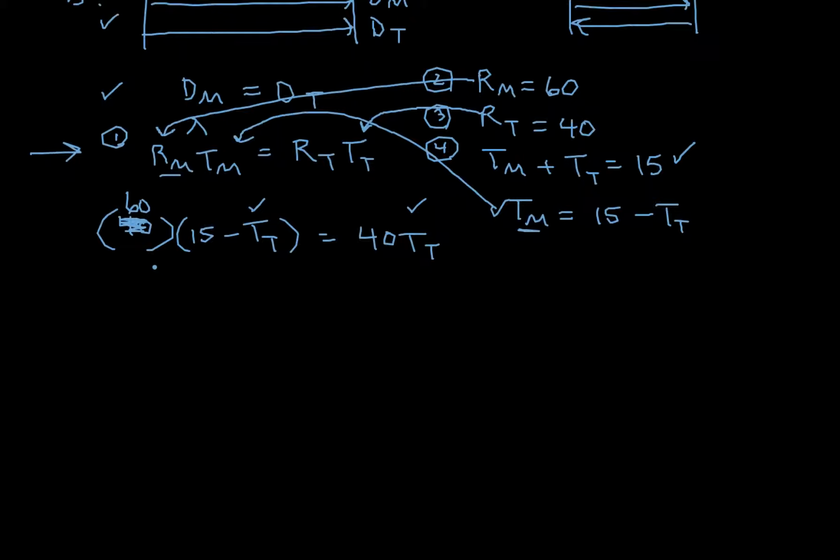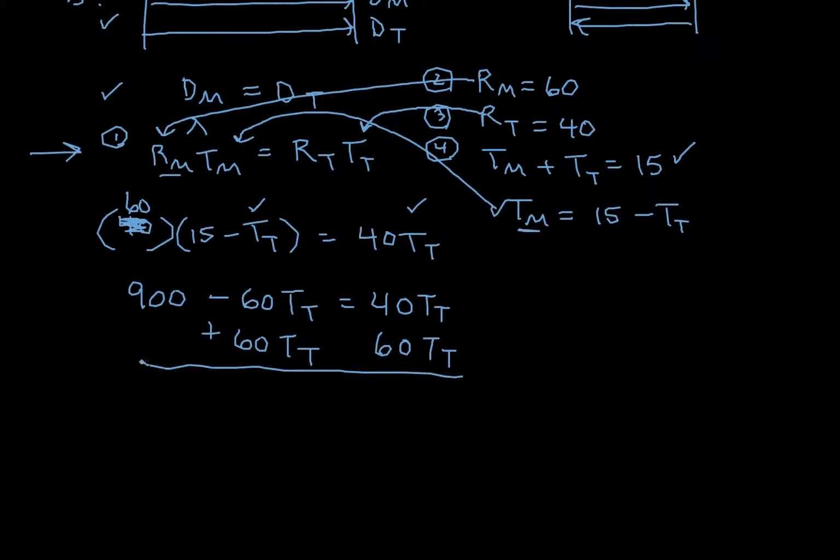So let's try this over. 60 times 15 is 900 minus 60 times Tuesday equals 40 times Tuesday. This works out much better. We're going to add 60 times Tuesday to both sides. And we get 900 equals 100 times Tuesday. The time Tuesday equals 9 hours.